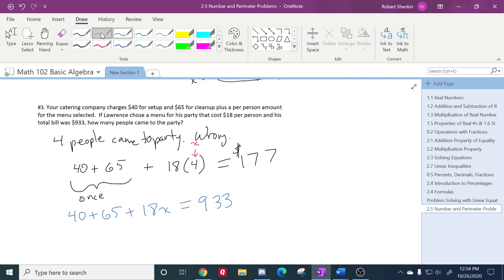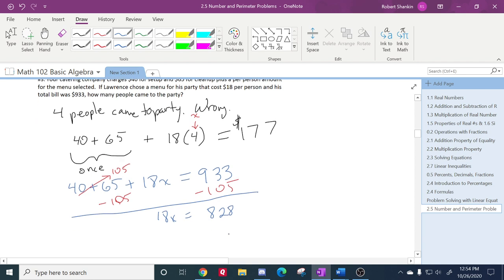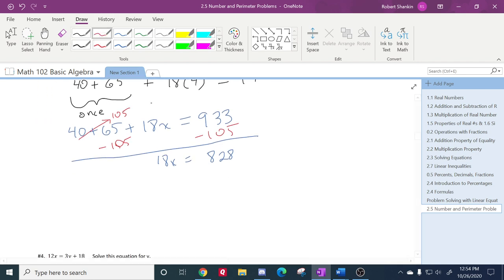These two together add up to 105, and I'm going to subtract 105 on both sides, and I get 18x equals 828, and then I divide by 18. And then I punch this in my calculator, and x is 46.